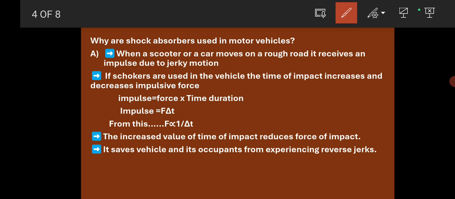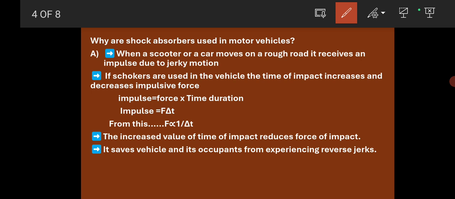For example, if shock absorbers are not there, this jerky motion creates more force of impact on the tires of that vehicle, and the passengers sitting in the vehicle will experience that force of impact.